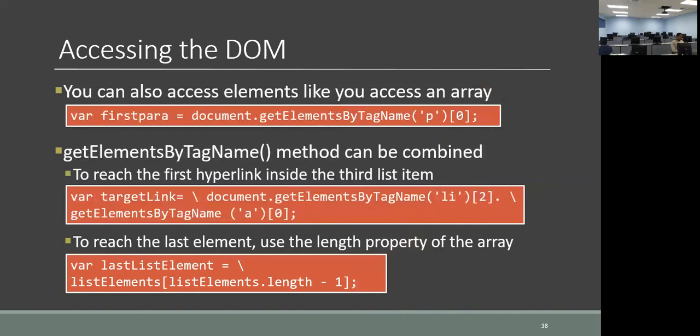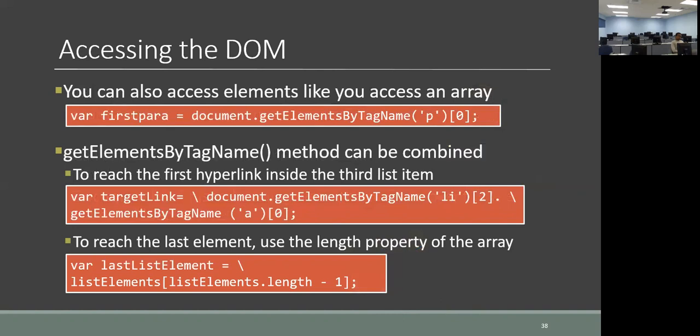This shows get elements by tag name, and you get the third list item element, because that's li2. Then after that it's joining, concatenating it, because that's what the dot operator is, treating it as a string, and it's getting the first anchor tag element. That's going to return as a string.